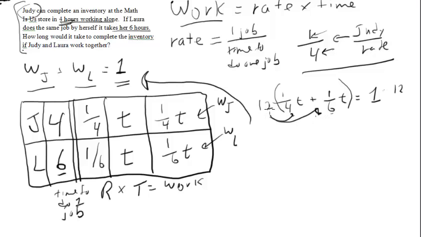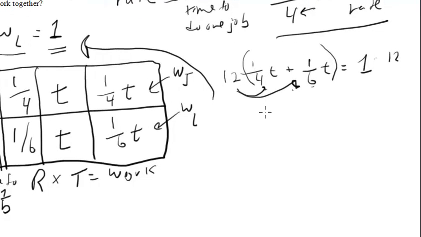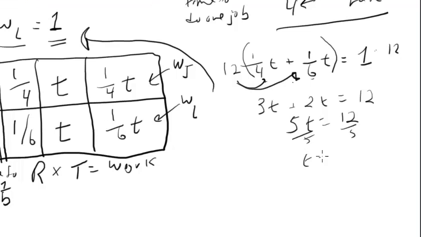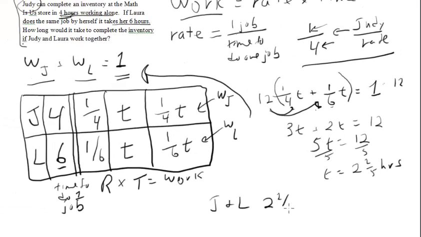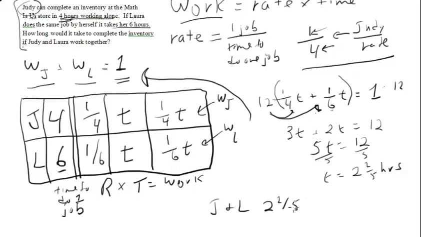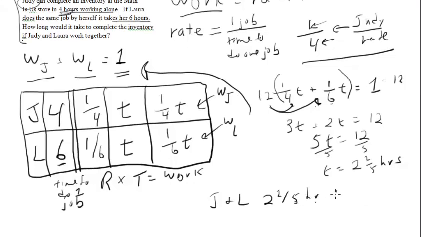So I have 12 times 1/4, so I have 3t, because 4 cancels with the 12, plus I have 1/6 of 12, which is 2t, equals 1 times 12, which is 12. So I get 5t equals 12, and when I divide both sides by 5, I get t equals 2 2/5 hours. So it would take Laura and Judy 2 2/5 hours to finish the job.